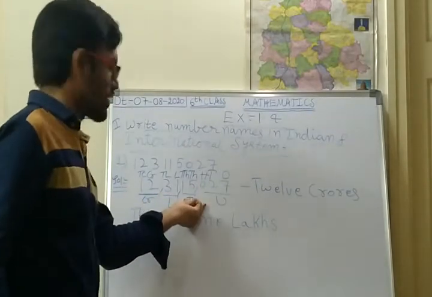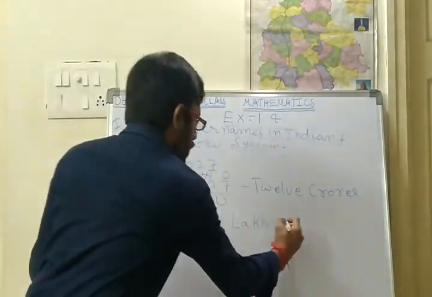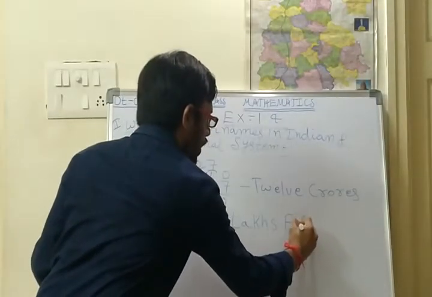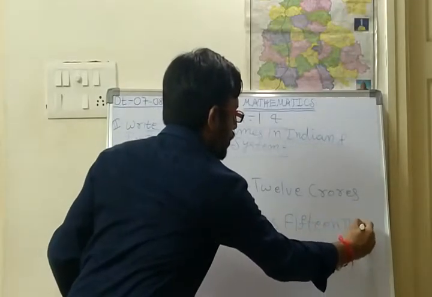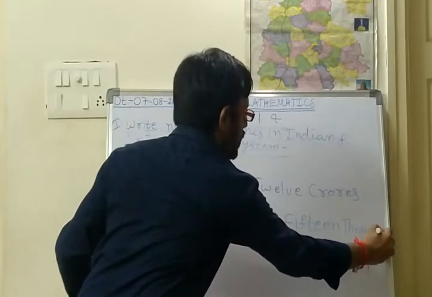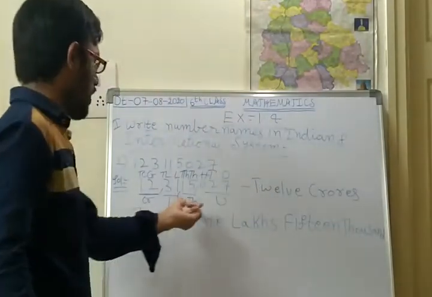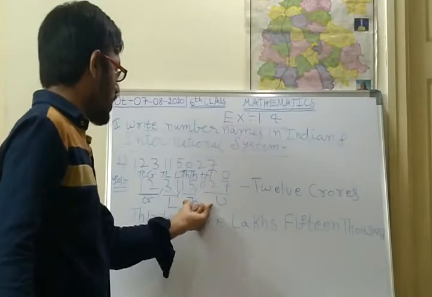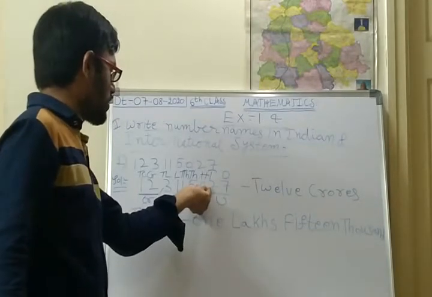Here thousands is 15, fifteen thousand, 15,000. After 15,000, what is there? Units category. In the hundreds place 0 is there. Okay, no need to write that one.